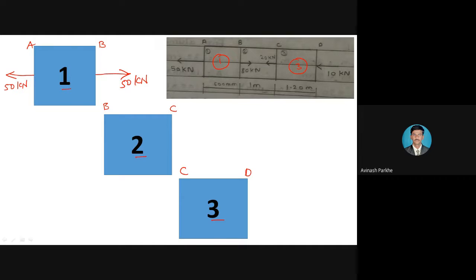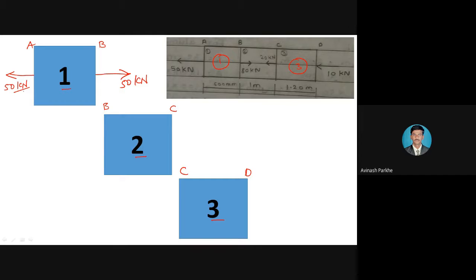Means your section number 1 is subjected to the 50 kilonewton external force. Here your condition is also satisfied. Which condition? Equal in magnitude, opposite in nature. Equal in magnitude means externally a 50 kilonewton force is applied at the left side.